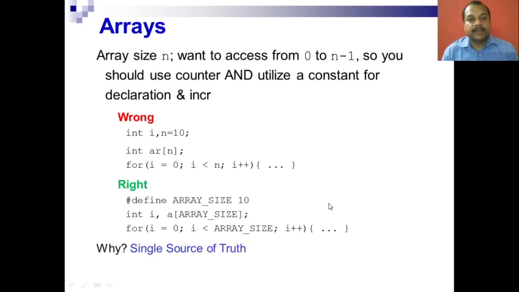Now regarding the size or dimension of the array, we used to give an integer constant as an array size. But this kind of declaration, like int n = 10; int ar[n]; for i = 0, i less than n, i++, this array declaration is not allowed.